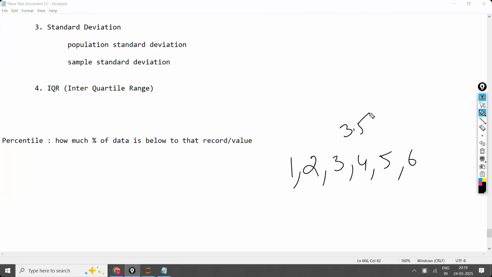So 3 out of 6 means 50% of the data is below 3.5. So 3.5 is called the 50th percentile. How much percentage of data is below a value is called its percentile.